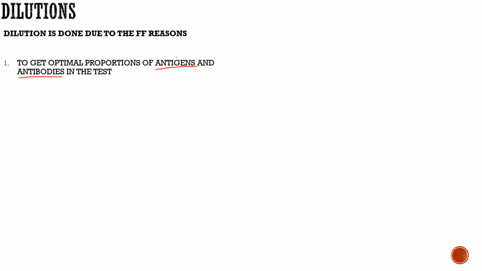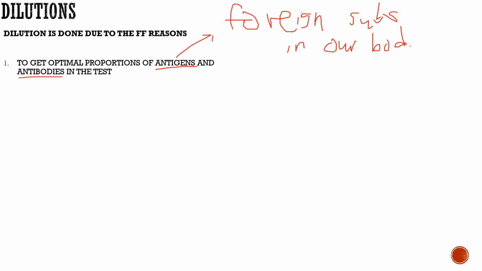When we talk about antigens, do take note that antigens, class, are any foreign substance in our body. Kapag nagkasakit tayo, when we get sick, antigens would be present in our body.